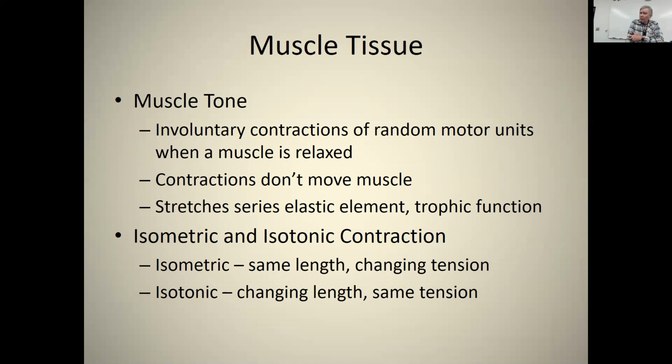It's not enough to cause a noticeable macroscopic contraction, so these contractions don't move the muscle, but it keeps the muscle ready for instant action, and it also helps keep the muscles healthy. There's almost a trophic relationship between stimulating a muscle and it being healthy. This is why muscles atrophy if you don't use them. You use them or you lose them.